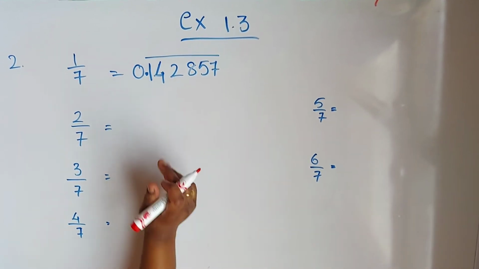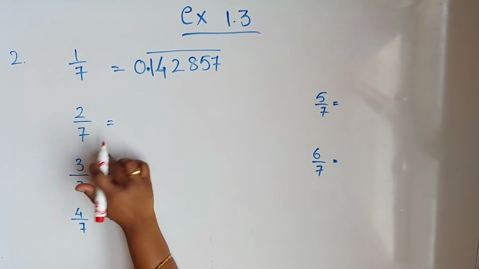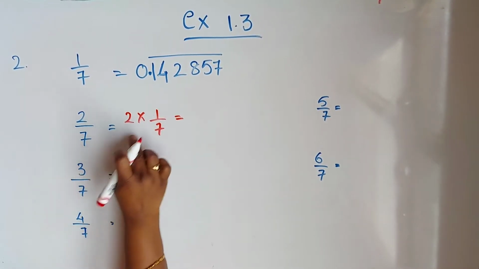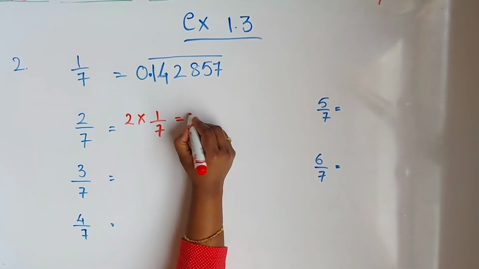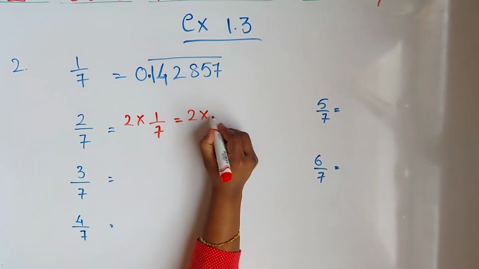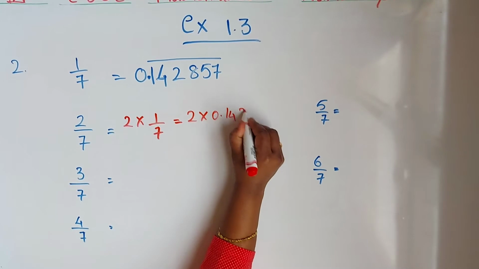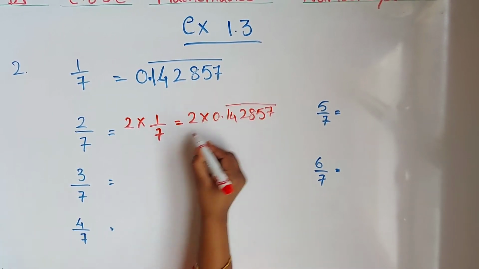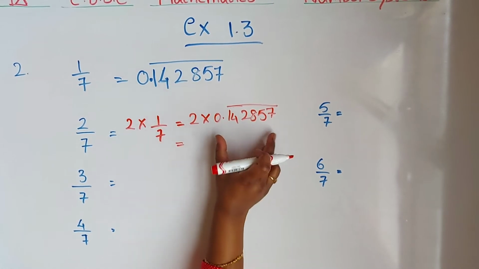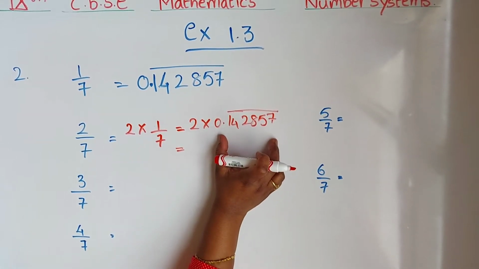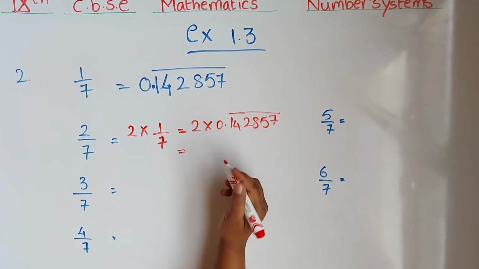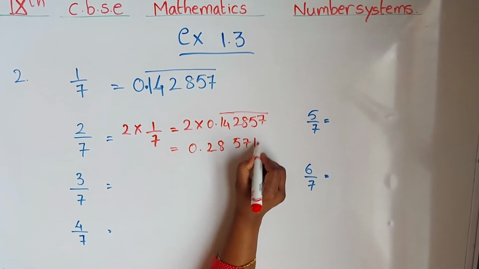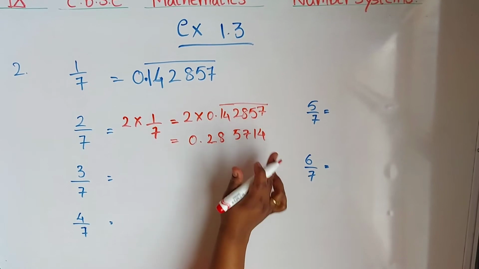So now we will start. 2 by 7 means I can write 2 into 1 by 7, right? 2 into the value 0.142857 bar, right? This value I am multiplying by 2. So what is the answer, children? 0.285714, children. You have to multiply with 2, that's it.